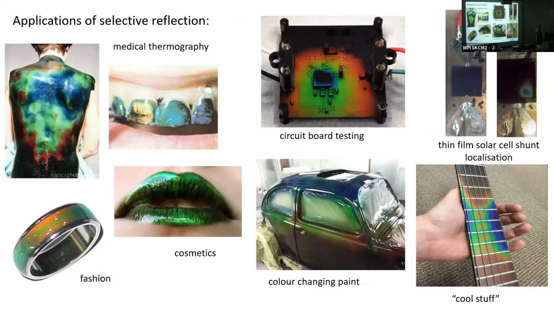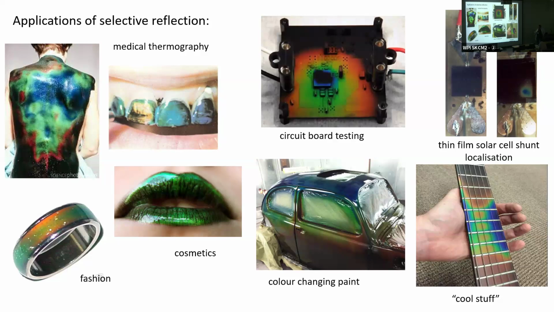So that would be blue, and then the rest would be, well, going to green, red, and so on. Same thing for inflamed teeth. You can also use it for circuit board testing. Many decades ago, we used it for the detection of shunts in thin film solar cells, for example.